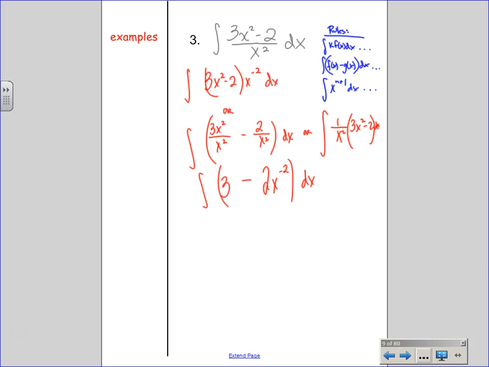Ooh, I should have written one more rule. Why am I saying that? Because he's just a constant. If he's just a constant, where do you have to come from? Does that make sense? So the integral of k is going to be kx plus c.